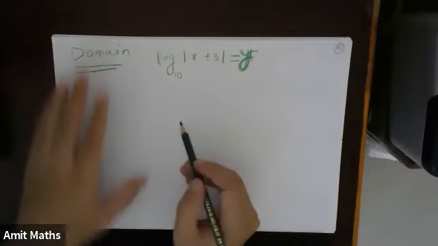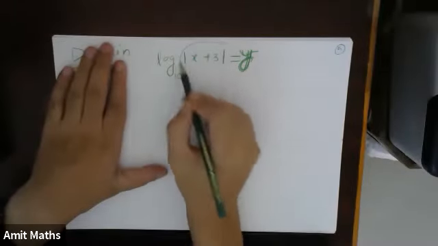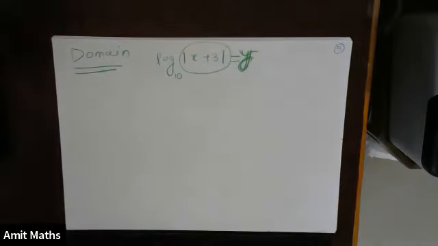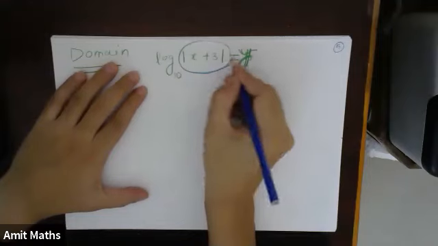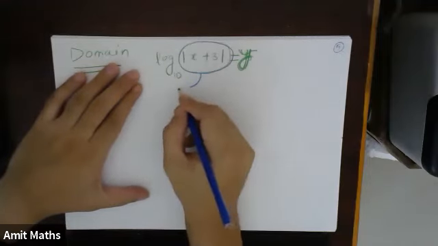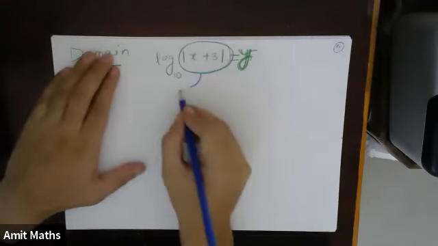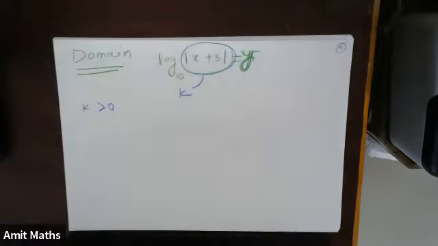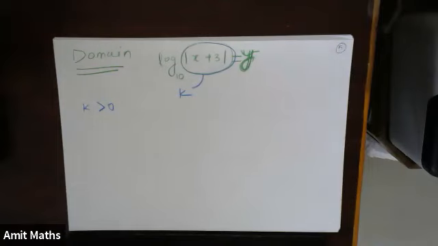Okay, now as we can see, whatever is inside the log has to be greater than 0. So if I take this part as k, then k has to be greater than 0.